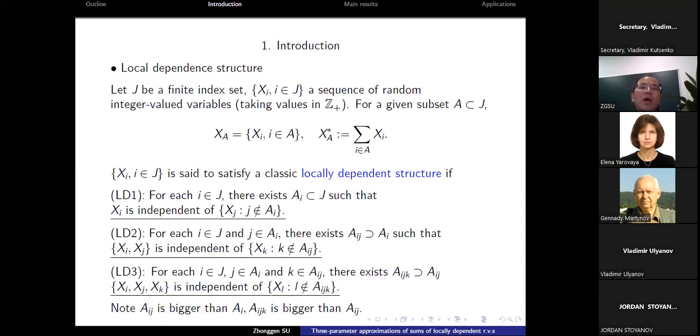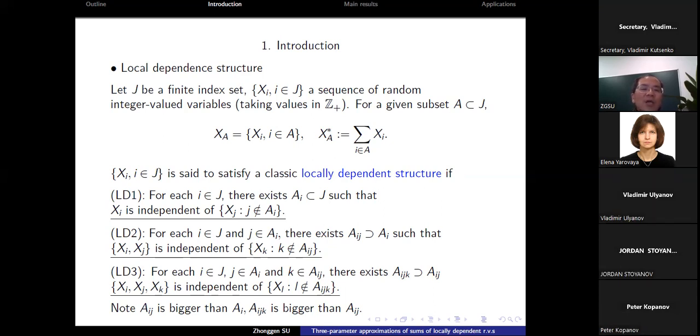Okay, now let's begin with a basic notion, that is the locally dependent structure. Let G be a finite index set. Xi is a family of random integer valued variables.